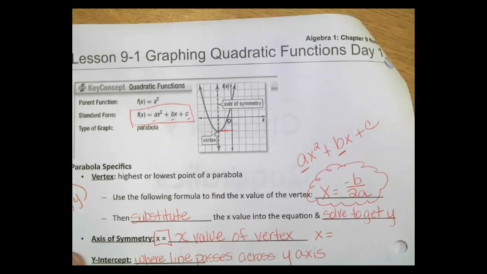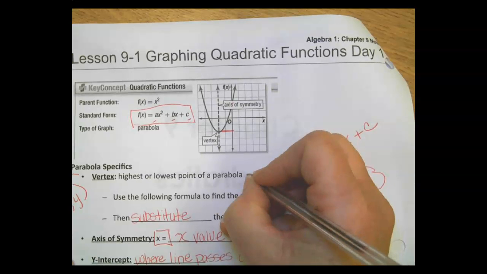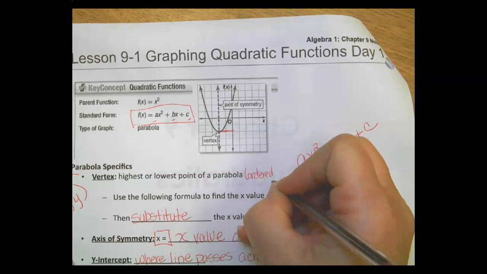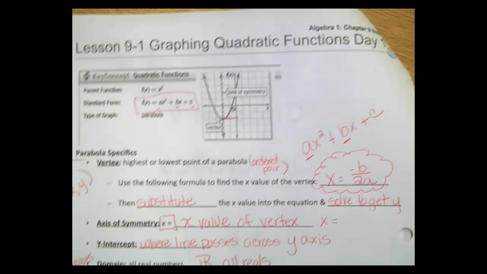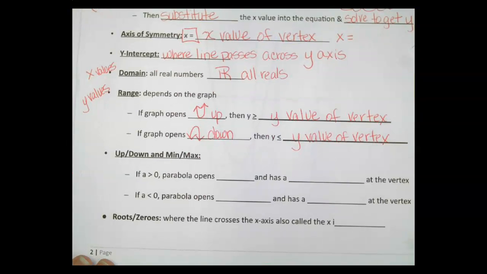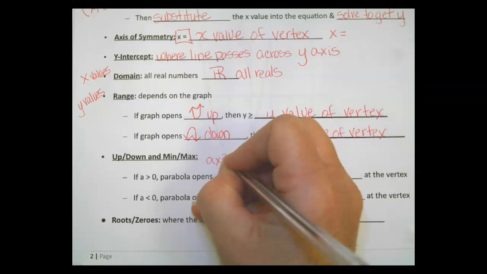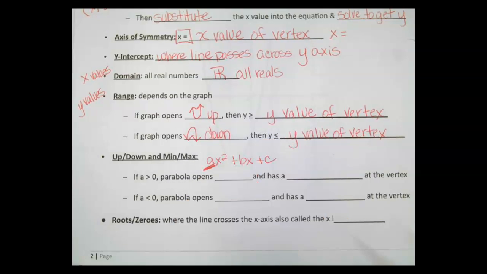So your vertex is an ordered pair. Talking about that up and down and your minimum and maximum. So if a is greater than 0, so when I'm talking about a, I'm talking about the ax squared plus bx plus c. So we're talking about this a.